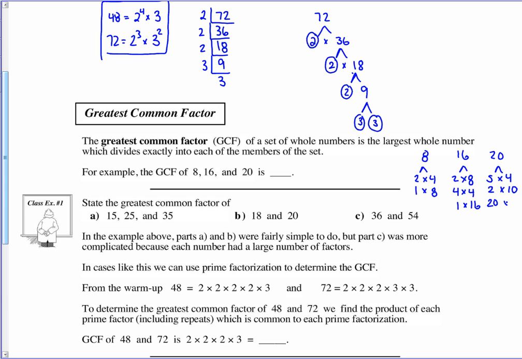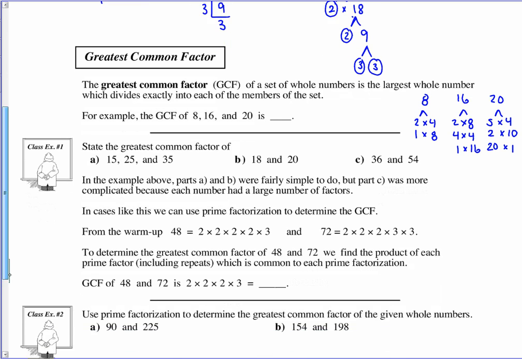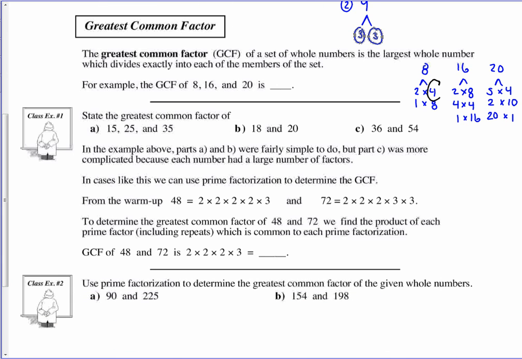Okay, so when you're done looking at this, what's the greatest common factor? What is the greatest number that they have in common for their factors? 4, right? That's what you would have done in the past. You just make a multiplication table, and it's 4.